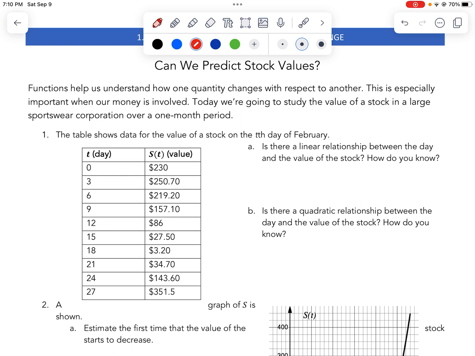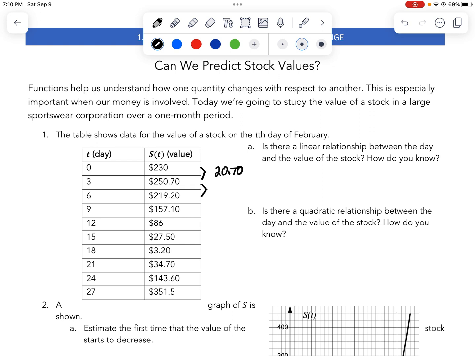So today we're going to take a look at a value of a stock in a large sportswear company over 1 month of time. So after T days, this is the value of the stock. Well, is it linear? Let's take a look. How much is this going up by? In 3 days, it goes up by $20.70. And then what happens this next day?